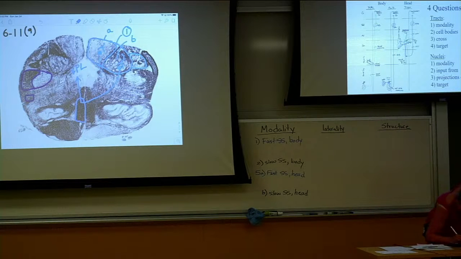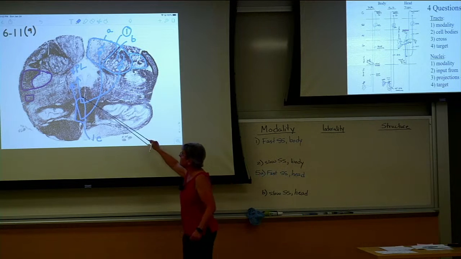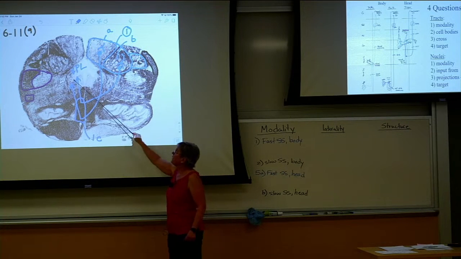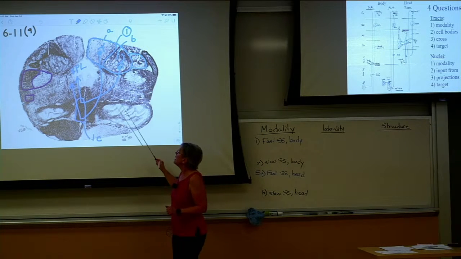And then the lower body will also send its fibers up first across the midline in those internal arcuate fibers to the medial lemniscus, which is located right here. And then that information is going to ascend all the way to the thalamus.